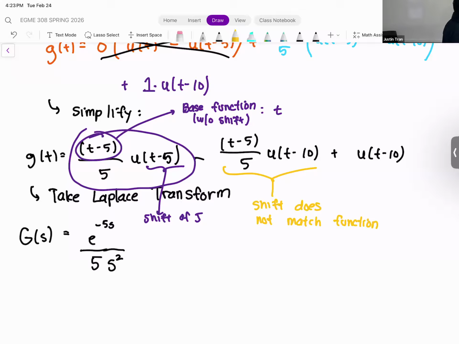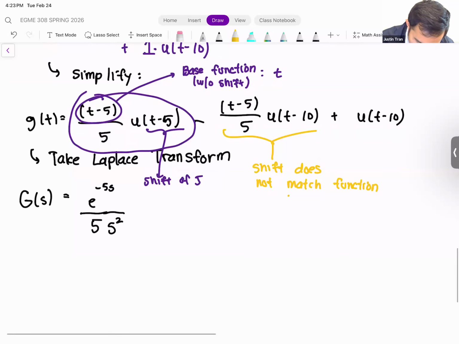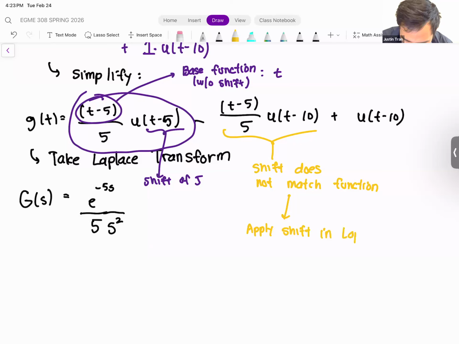We tackled cases like this last time as well. In order to tackle this, you need to tackle it in 2 steps. First we apply the shift in the Laplace domain. The way that we do that is by multiplying by an exponential function with the shift.